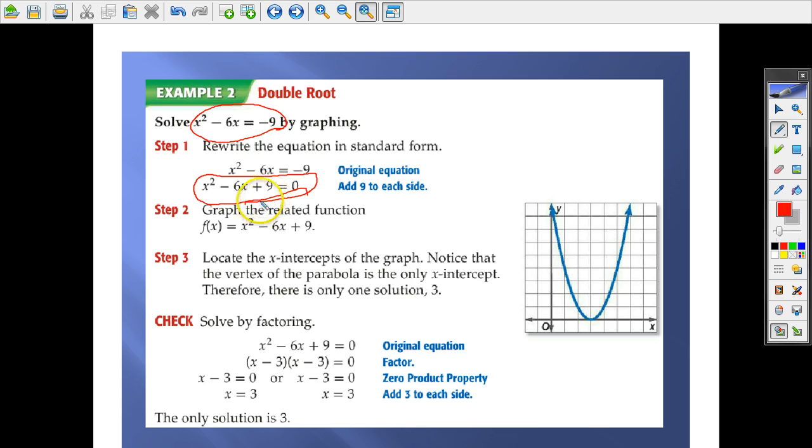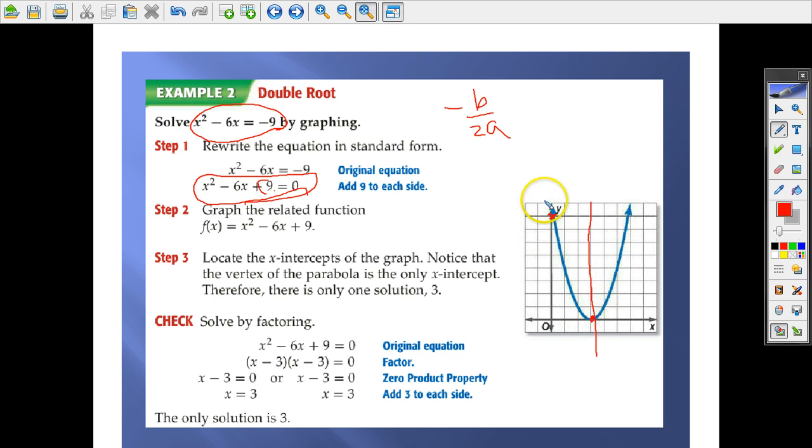You graph this by finding the axis of symmetry, which is negative b over 2a. You find this line of symmetry and your vertex: you put this as your x, and you find your y. There's your vertex. Your y-intercept is positive 9, so there's your positive 9 here, and there's your graph.